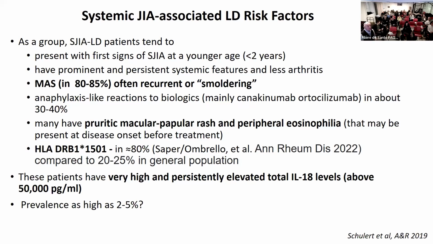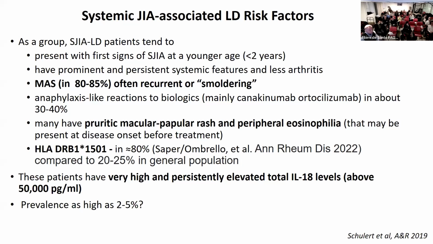Many of these have an anaphylaxis-like reaction to biologics, more to tocilizumab than to canakinumab, but some have reacted to anakinra in our hands. We have one patient with severe anaphylaxis-like reaction to anakinra. They may have a non-typical rash, more pruritic. Many of these patients have eosinophilia from the start of the disease, and HLA-DRB1*15 is really overrepresented in this population.